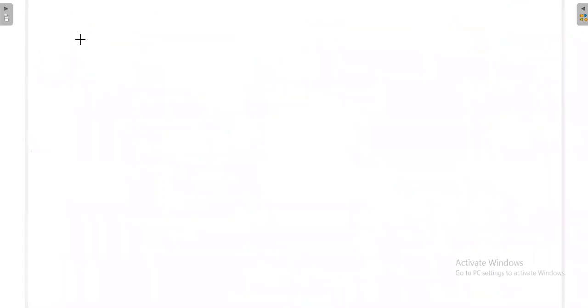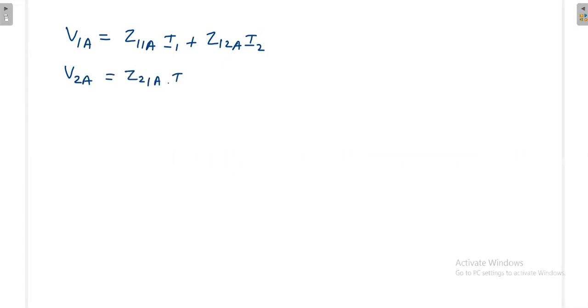Then what is V1A? V1A is equal to Z11A I1 plus Z12A I2. Then what is V2A? V2A is equal to Z21A I1 plus Z22A I2.